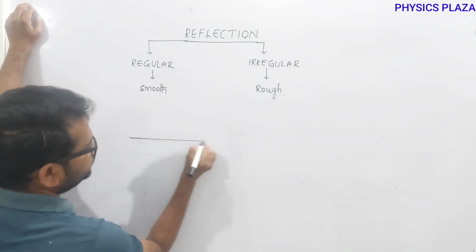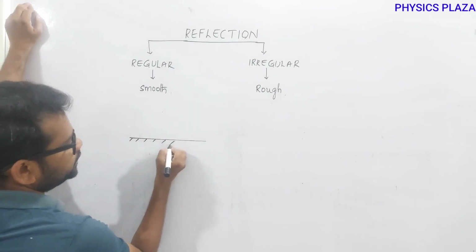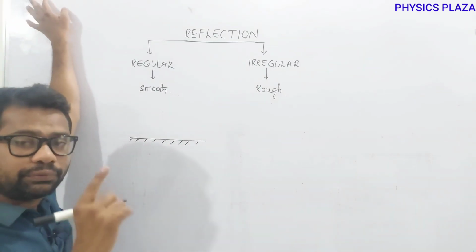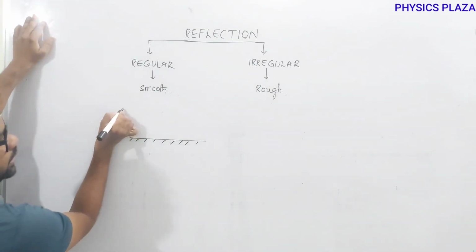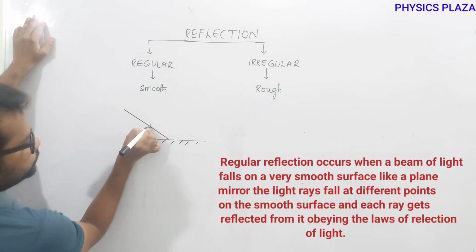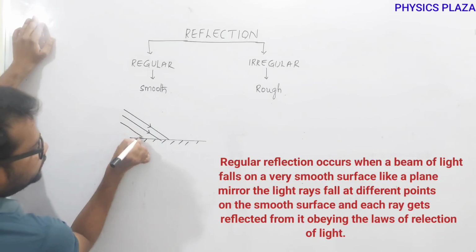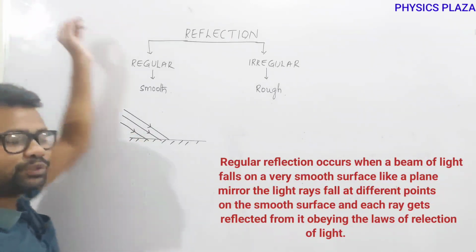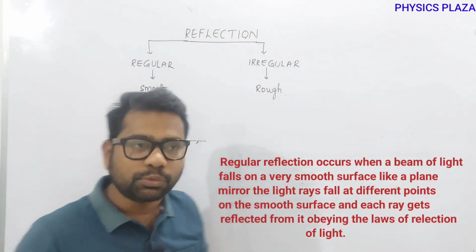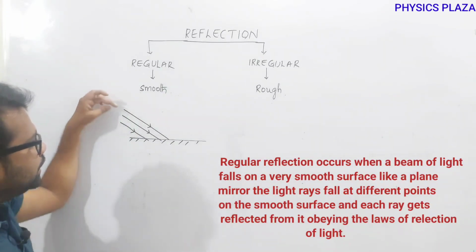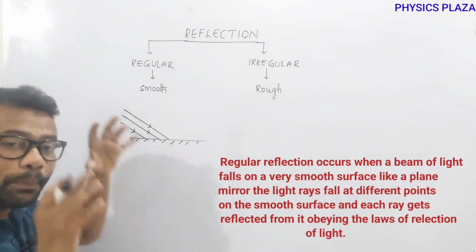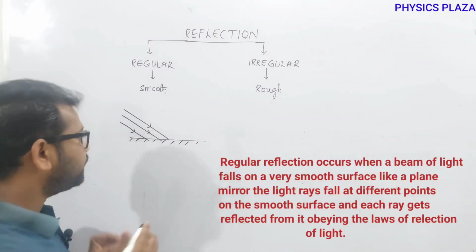So children, look at here. Let us take here a smooth surface. Children, find the difference. Very important. Let us take here a parallel beam of light. Children, a parallel beam of light is striking the smooth surface. Means you can see that here all incident rays are parallel to each other, and after reflection what happens?